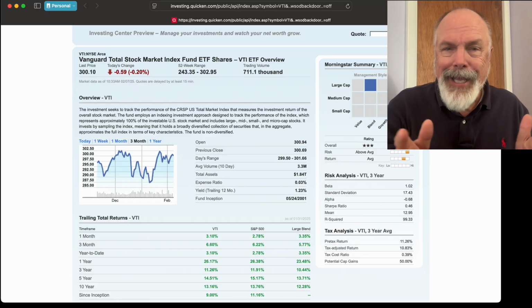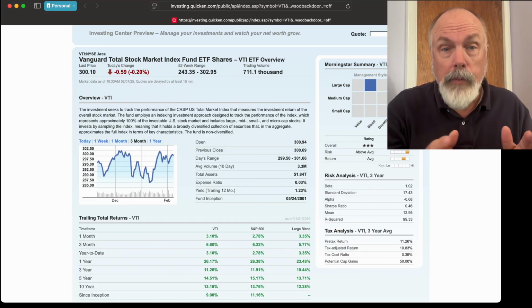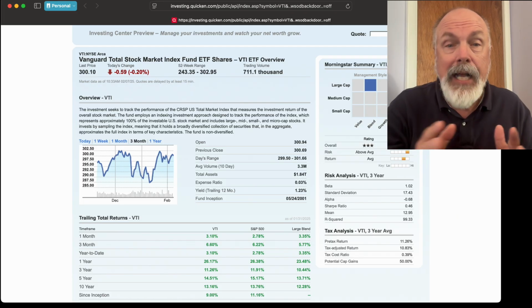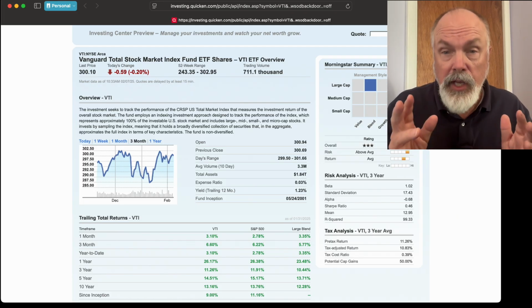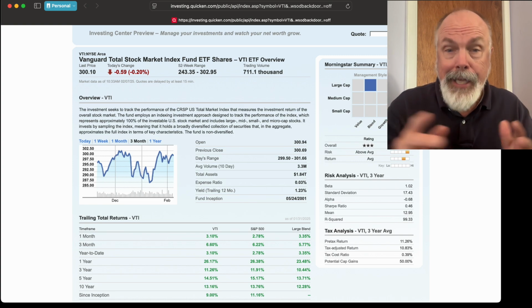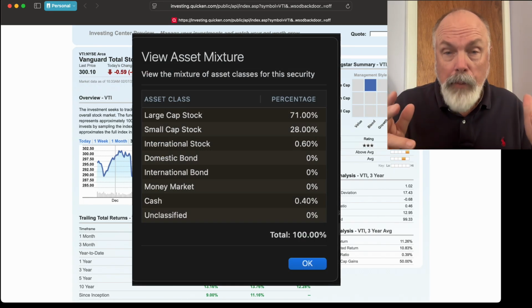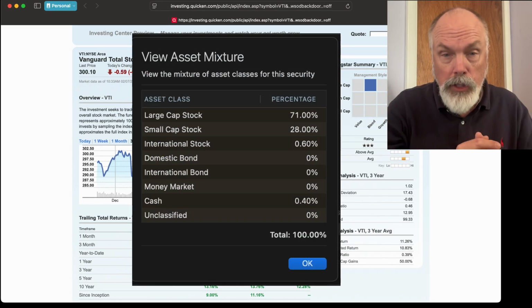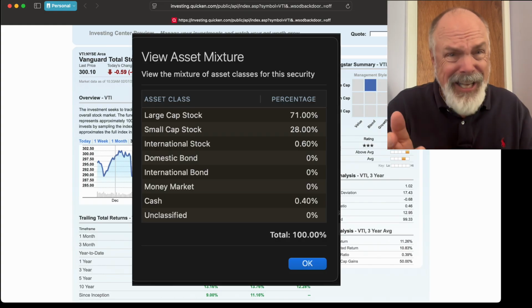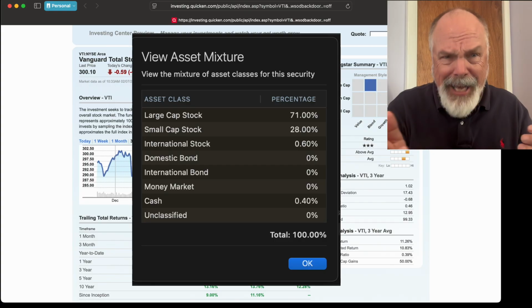And it looks like it's getting its data from Morningstar. In its overview, it notes that VTI is tracking the performance of the CRSP US Total Market Index. In the security details, you can pull this up with its asset mixture details. And it clearly shows 28% in small cap category.